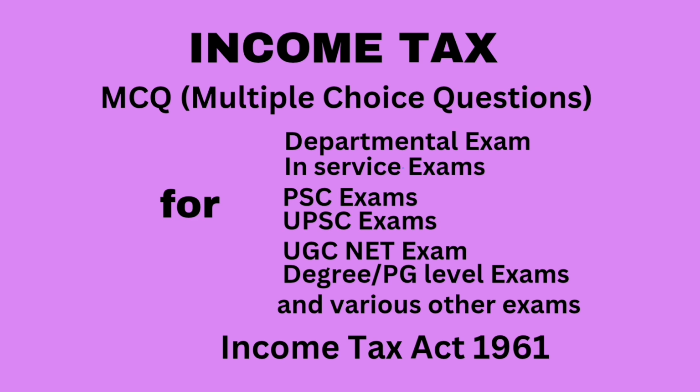It commenced the business of operating the telecommunication service with effect from previous year 2023-24. J Limited shall be entitled to a deduction of dash. Answer. Rupees 11 lakhs with effect from previous year 2023-24.